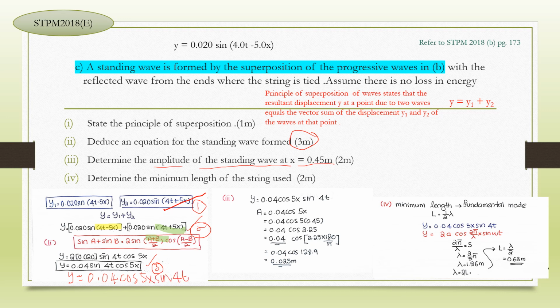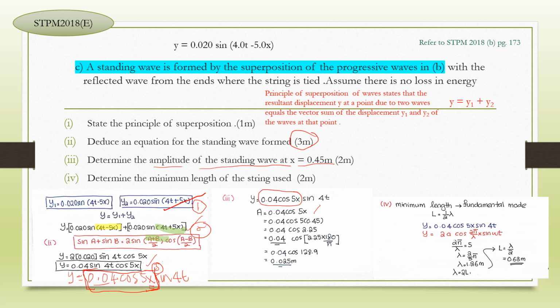Why do we do this? Because the amplitude will vary with x, so this whole thing is the amplitude. That's what they want to test you.